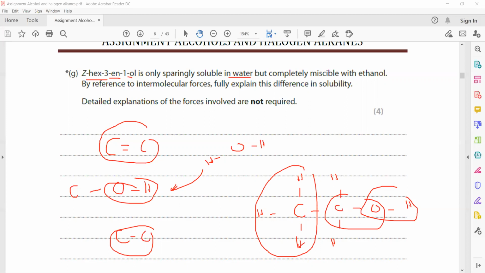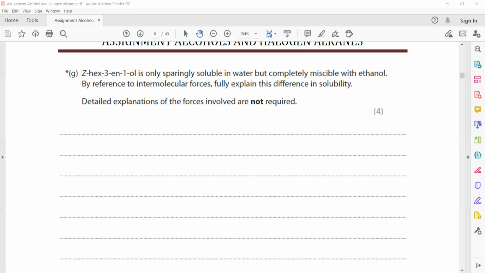When you write your answer, you will mention first the intermolecular forces which are present: London forces, dipole-dipole forces, or hydrogen bonds. In hex-3-en-1-ol, mostly because the carbon chain is there, it is non-polar, and dipole-induced dipole forces are present in ethanol as well.